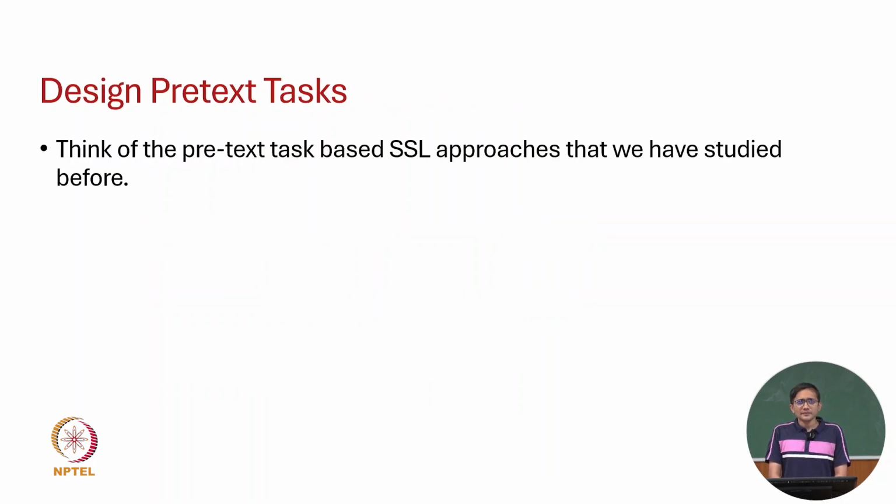Now, let us think, if we wanted to do pretext task-based self-supervised learning, about some of the pretext task-based SSL approaches that we can design for hyperspectral image analysis. To think about that, first we have to start from some of the approaches that we have already studied in the case of our normal multispectral or RGB images.